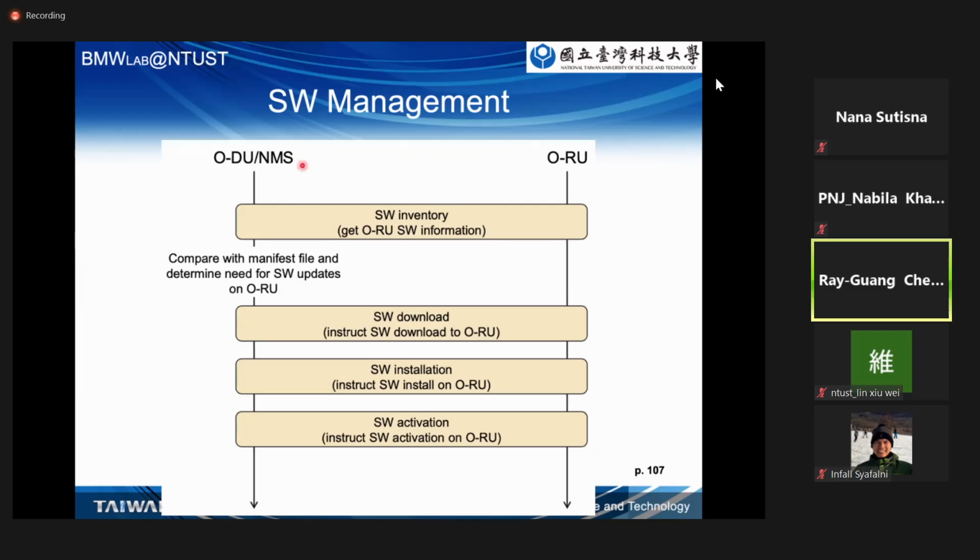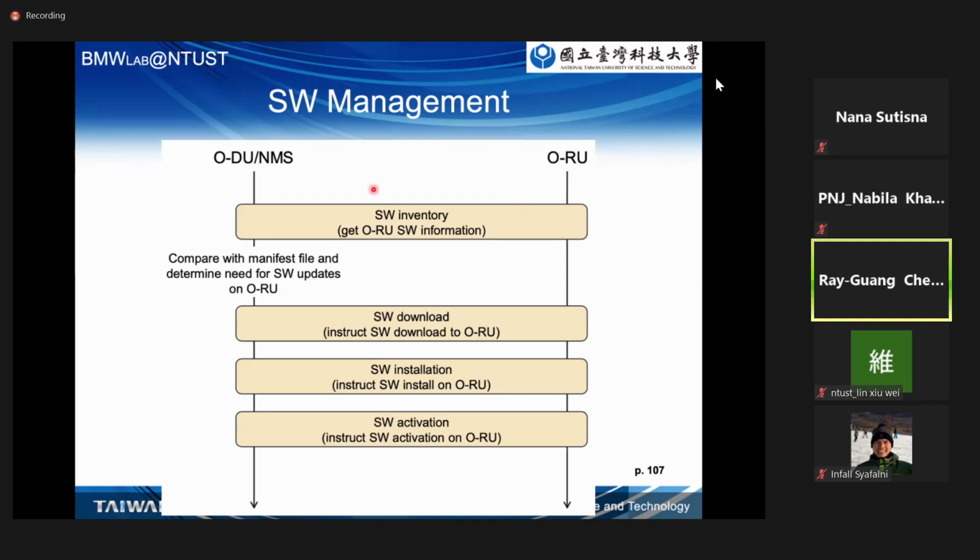Okay, so this is software management. Why do they need it? Because we have mentioned the ORU and the ODU can be implemented by different vendors. So when the ODU wants to manage the ORU, the ODU may have its own control information and its own software that it may use to upgrade or update the ORU.